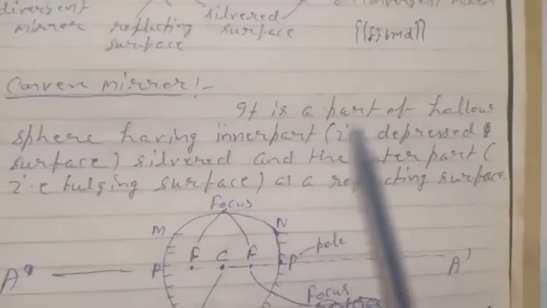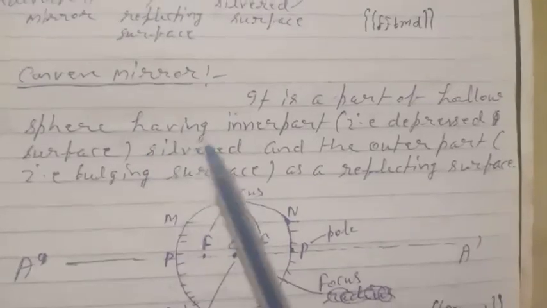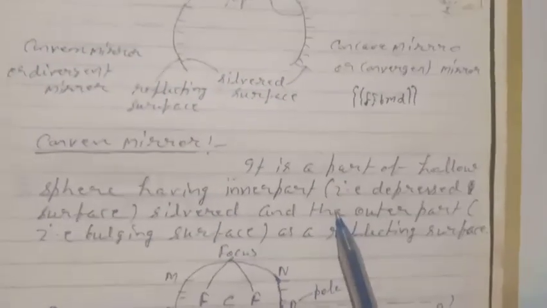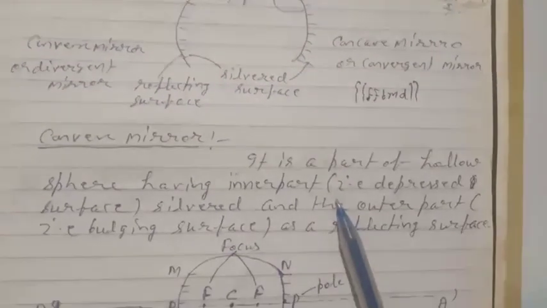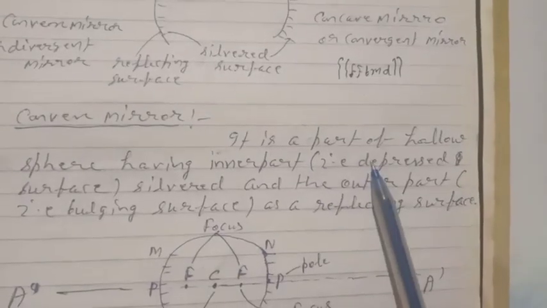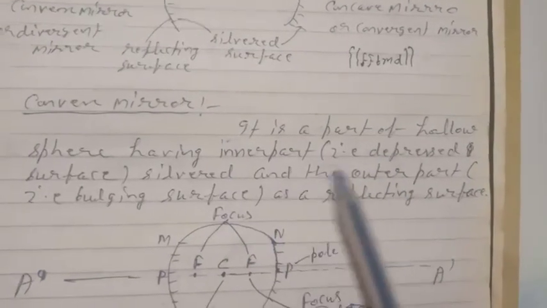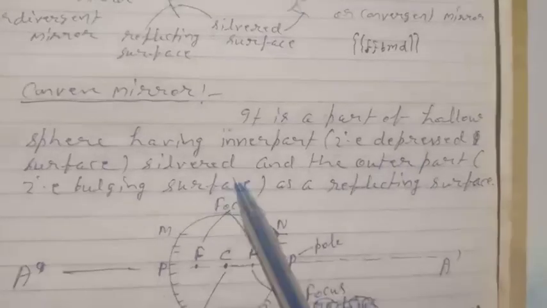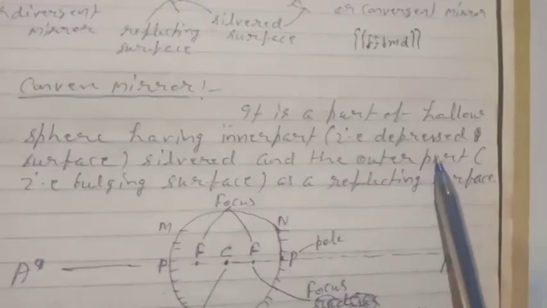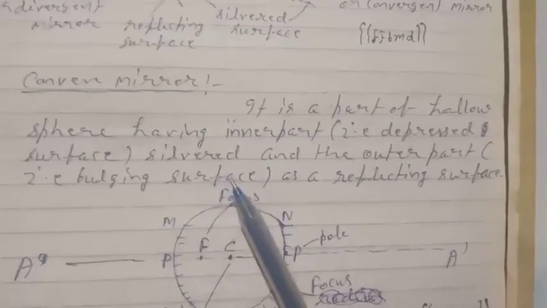Convex mirror. It is a part of hollow sphere having inner part that is depressed surface silvered and the outer part that is bulging surface as a reflecting surface.